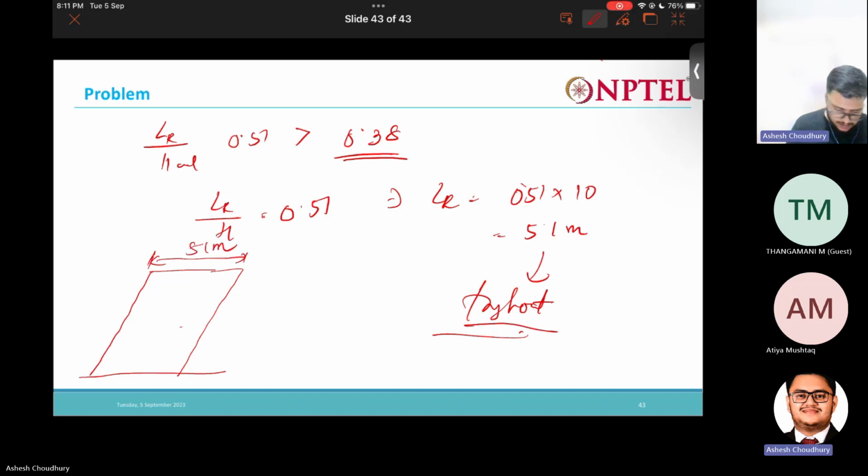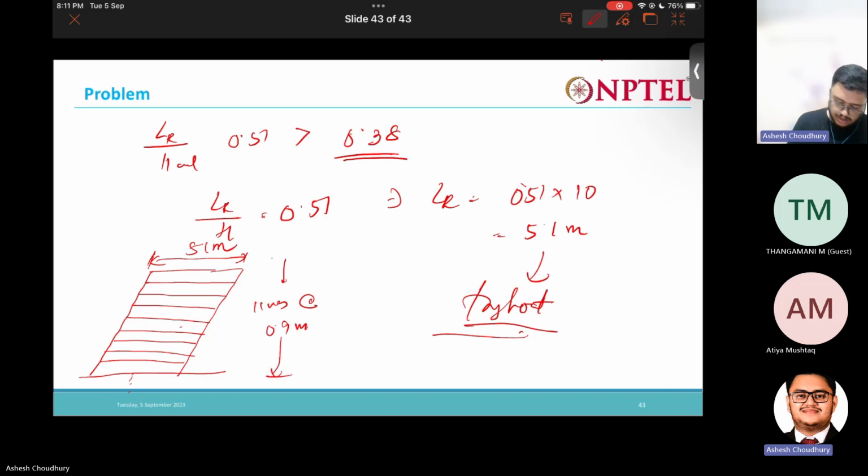So on the slope, we are using a constant length of 5.1 meter. 11 reinforcements at 0.91 meter spacing, as you see here.